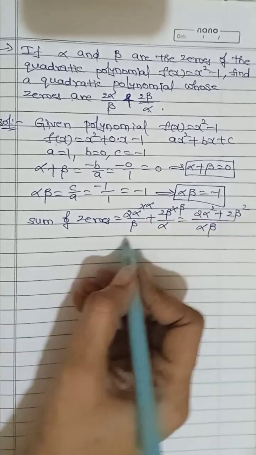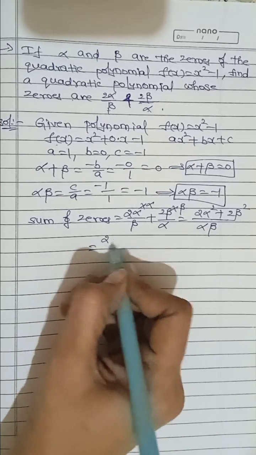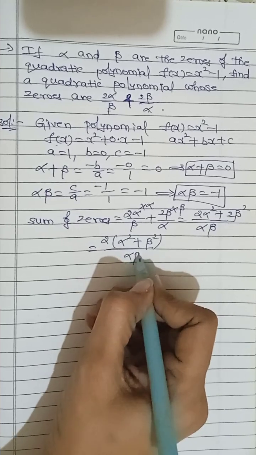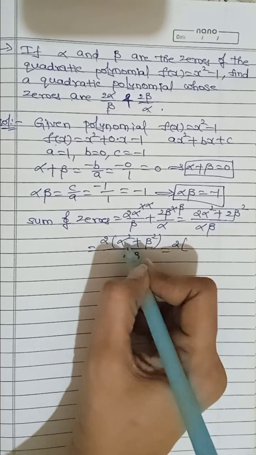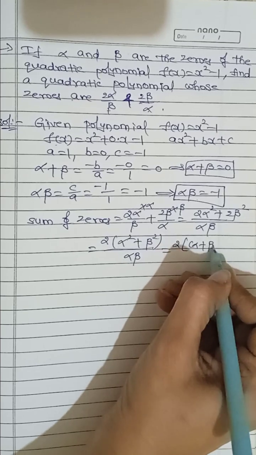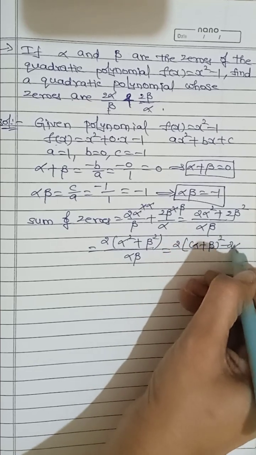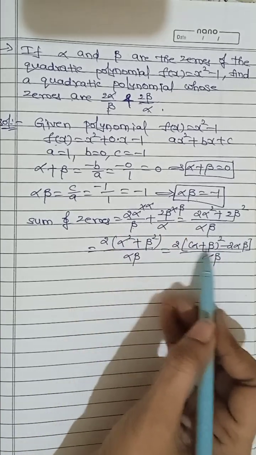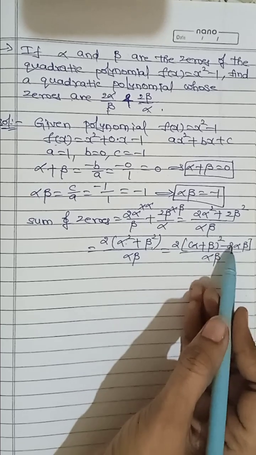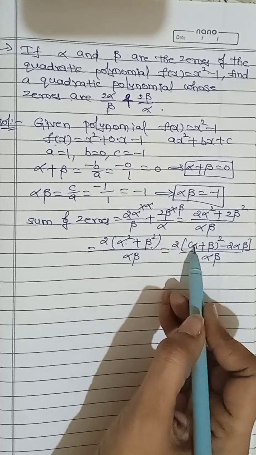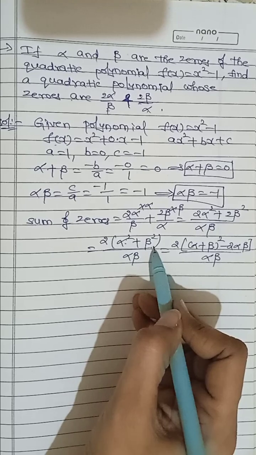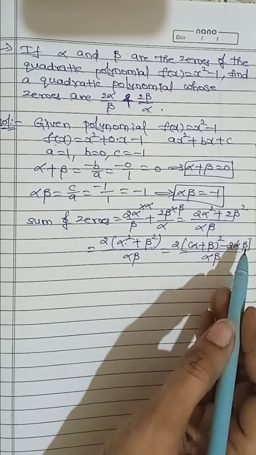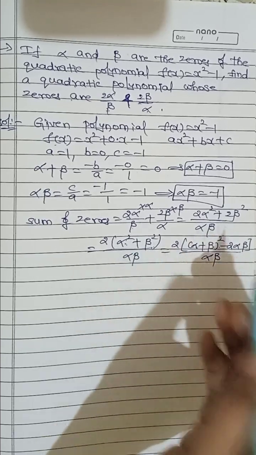In both these terms, 2 is taken common. 2 into alpha square plus beta square by alpha beta. Alpha square plus beta square is alpha plus beta whole square minus 2 alpha beta, by alpha beta. Alpha plus beta whole square is alpha square plus beta square plus 2 alpha beta, so we write alpha plus beta whole square minus 2 alpha beta in the place of alpha square plus beta square.